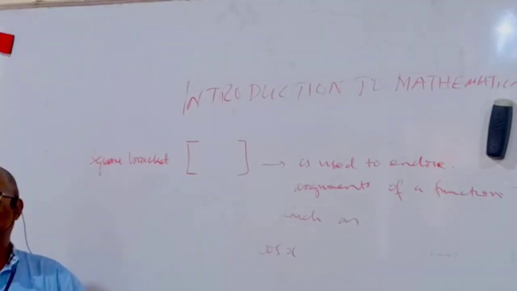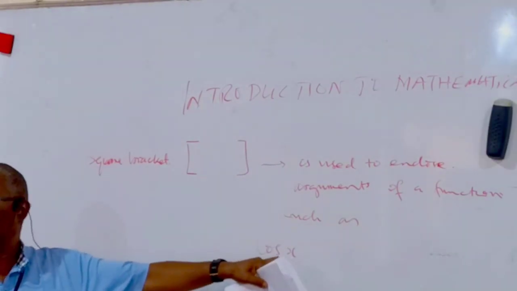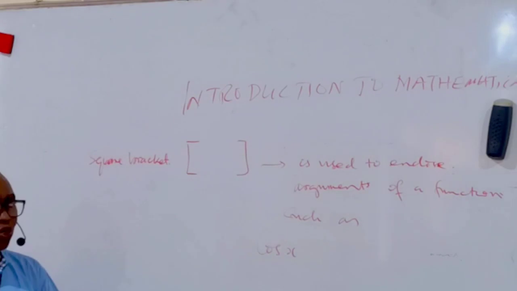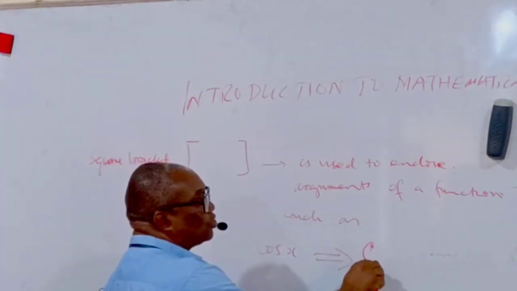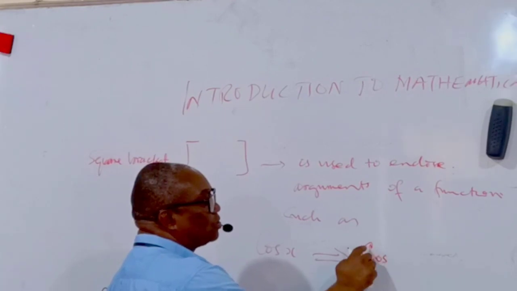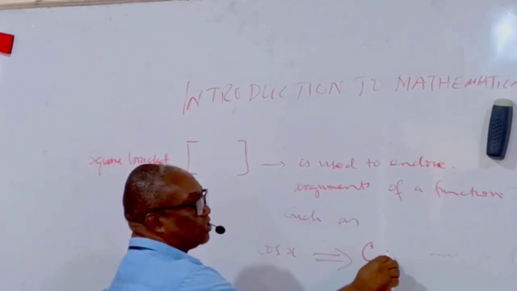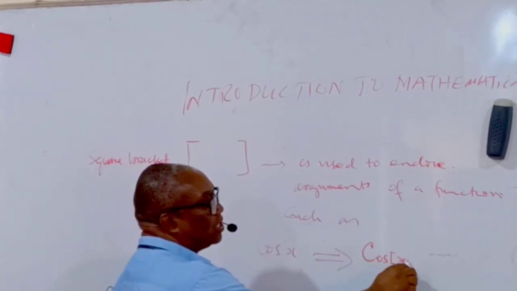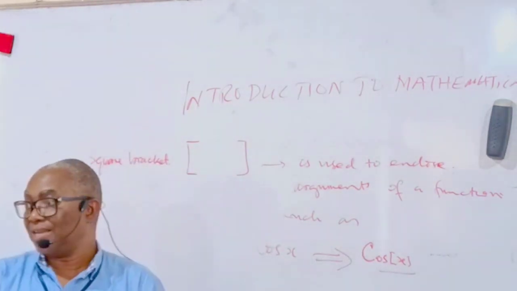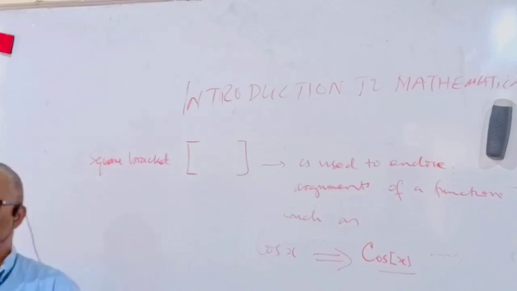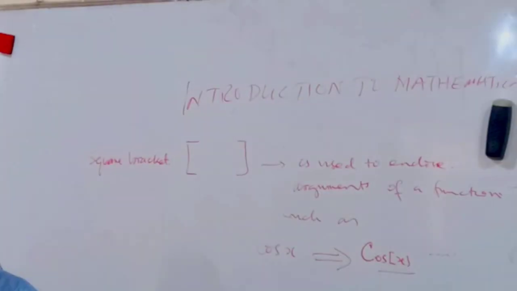Because the argument is x. So the equivalent in Mathematica is Cos, with a capital C, then you enclose and put your x. That is the real representation of that.